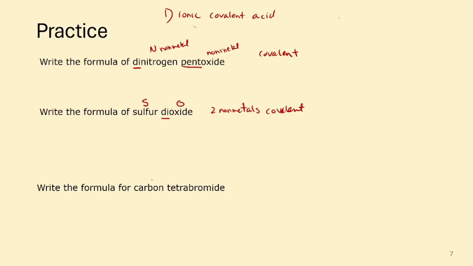Formula for carbon, that's C, tetrabromide, that's Br, 2 nonmetals. So this is covalent. Again, I need to remember all of my prefixes.